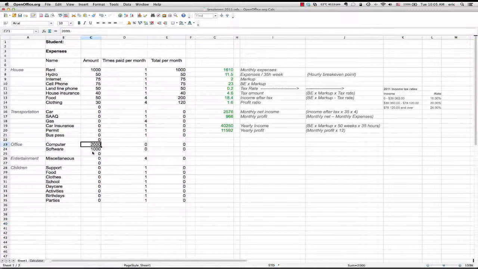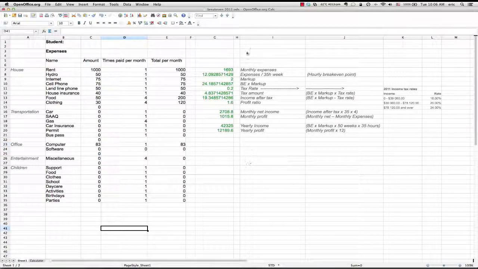So if I just put 83 here and 0 there, so total cost, $83 once a month, it adds up.